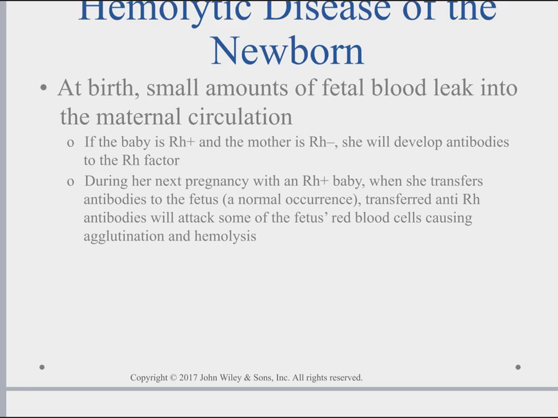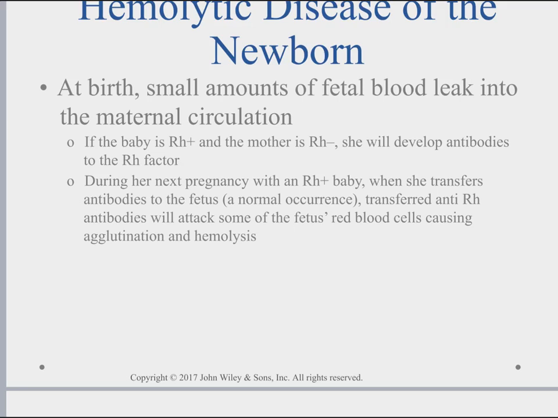And it goes transplacental, it goes into the baby and sets out to lyse and destroy all of the red blood cells in that baby. Now, this is a real bad scenario because that baby during development will be starved of oxygen because its red blood cells are being destroyed.